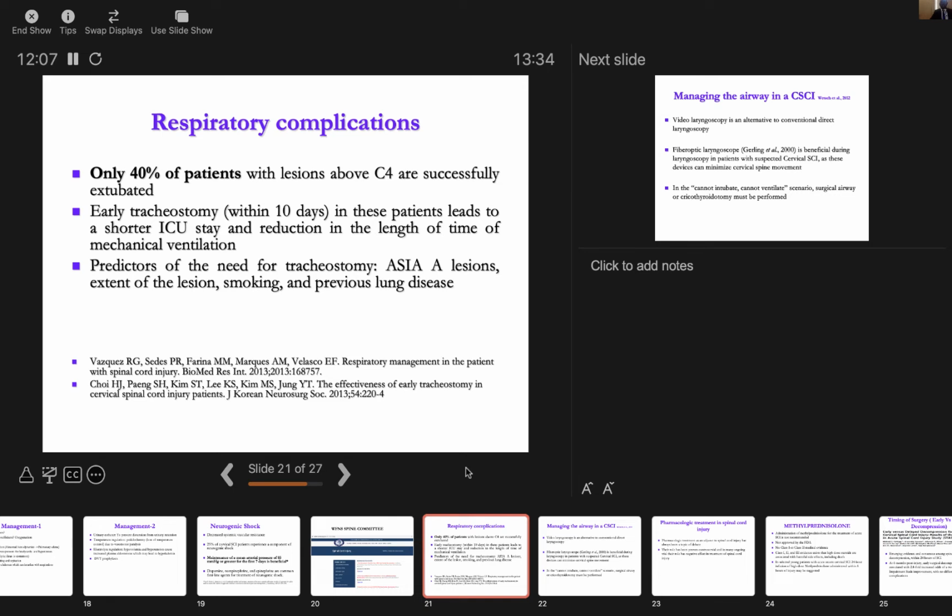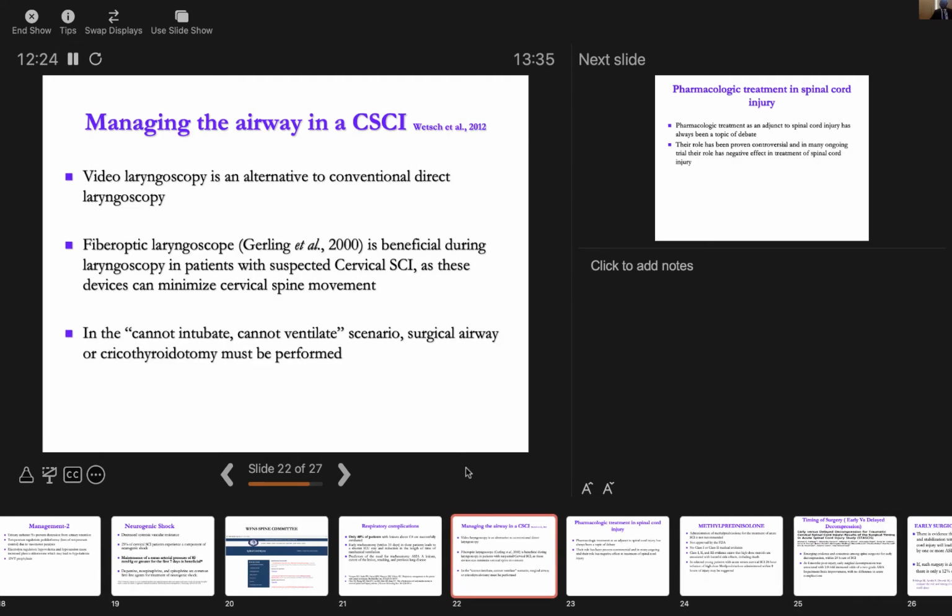Predictors of a need for tracheostomy: ASIA A complete lesion patients, extent of the lesion, smoking status, and previous lung disease, all are predictors of a need for a tracheostomy in the first place.